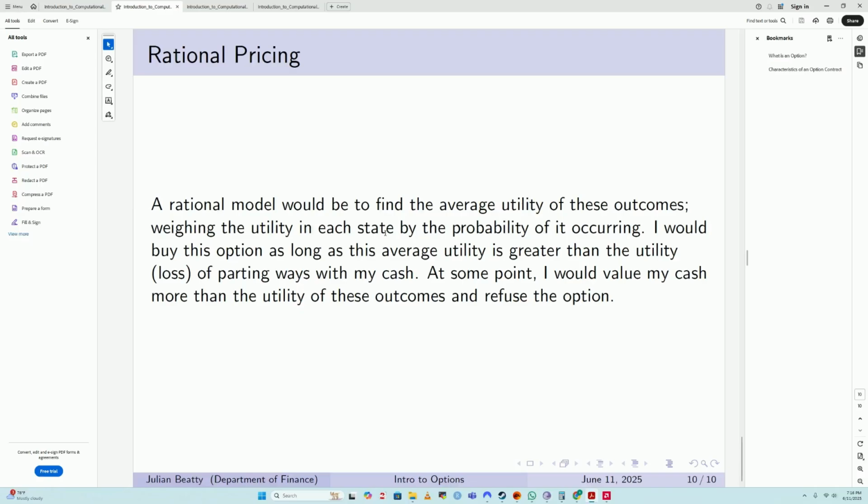And I would buy this option as long as this average utility is greater than the utility of parting ways with my cash. So at some point, if we keep raising the price, the utility of not having my cash is going to outweigh the utility of buying the option, and then I will just refuse the option.